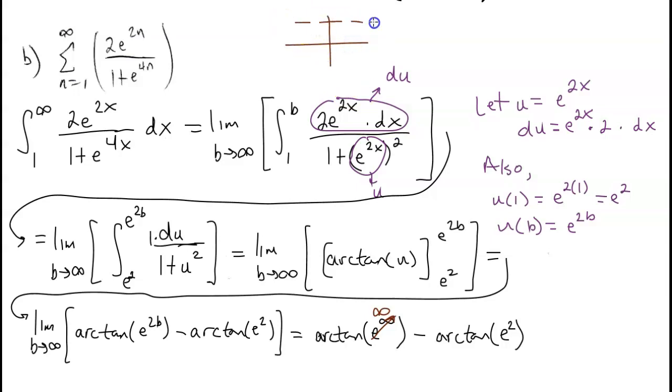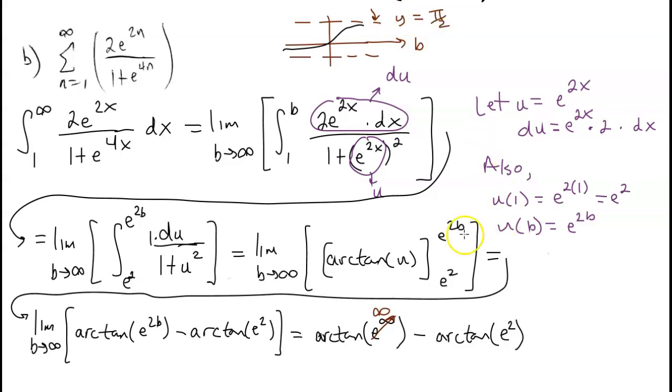If you remember, arctan is a function that looks something like this. So as b approaches infinity, it's approaching this horizontal asymptote here, which would be y is equal to pi over 2.